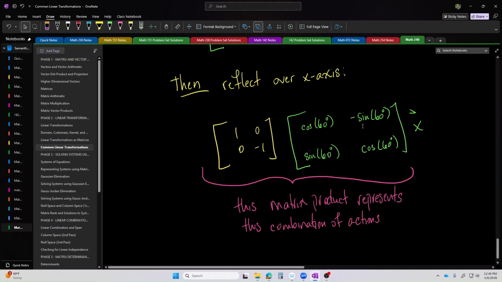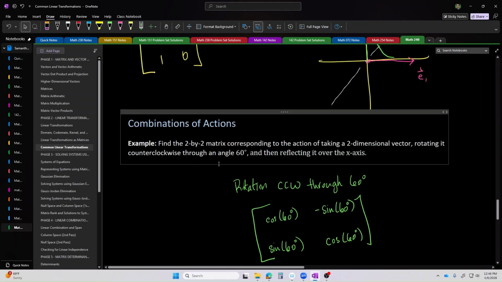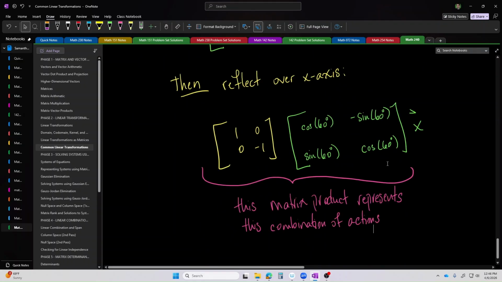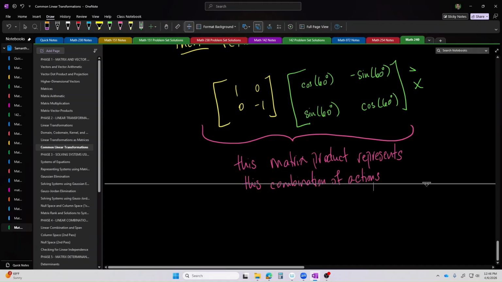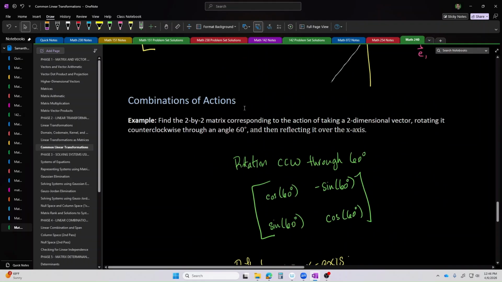If you first multiply by the rotation matrix on the left, and then multiply by the reflection matrix on the left, that's going to correspond to the action of first rotating the vector and then reflecting the vector. So matrix multiplication is a way to handle two actions being taken back to back. So this matrix product is going to be the matrix that represents the combination of these two actions.